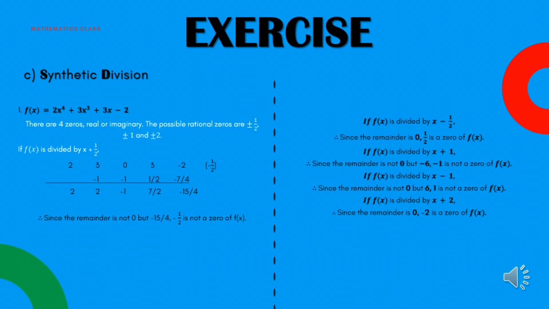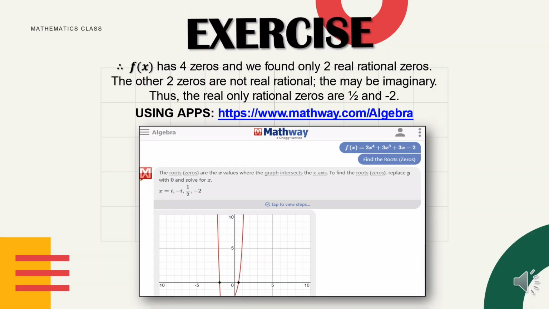Using the same way, find the remainders for the other possible zeros. Hence, f(x) has 4 zeros and we found only 2 real rational zeros. The other 2 zeros are not real rational; they may be imaginary. Thus, the only real rational zeros are 1/2 and -2.